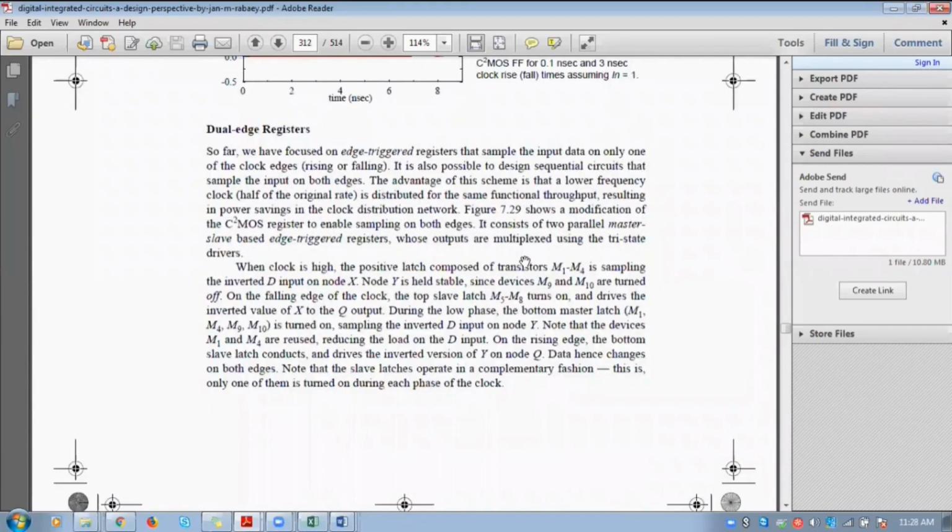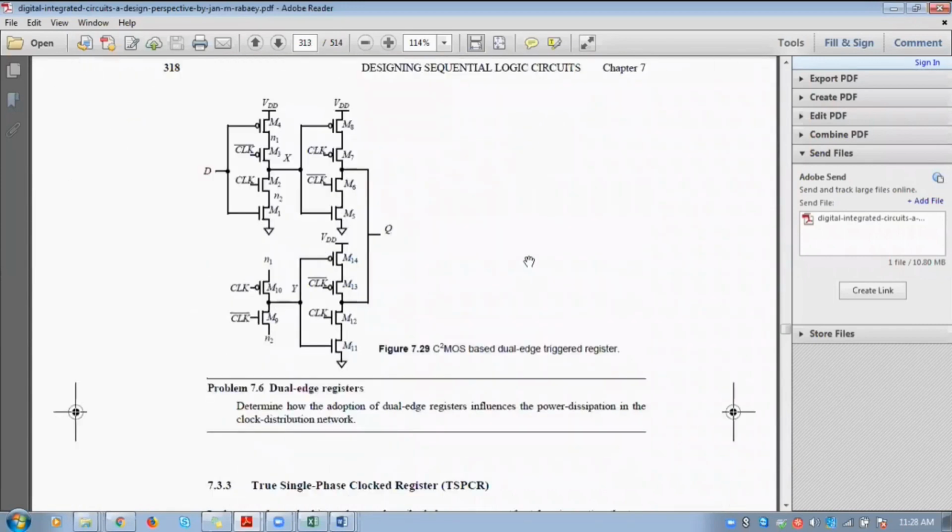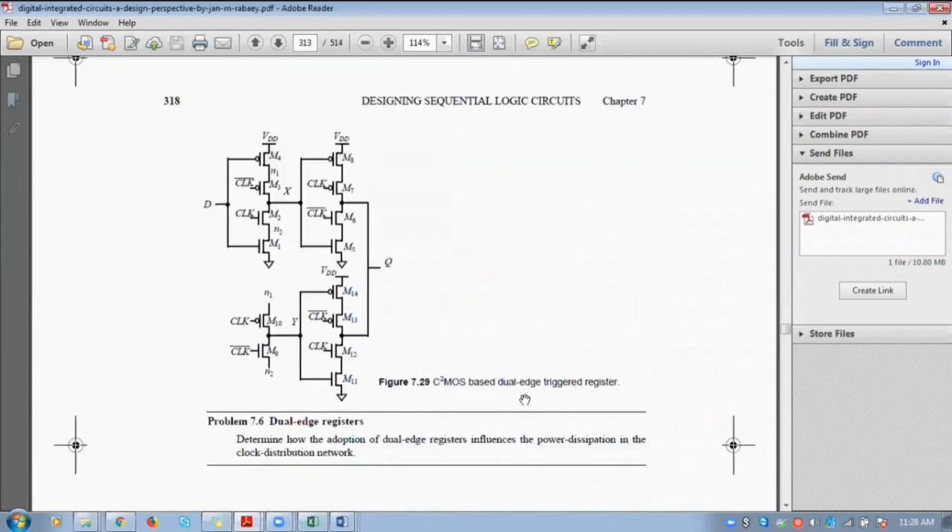Another important application of using this C squared MOS is the dual edge triggered register. When a register is considered, previously we were discussing a positive edge triggered register or a negative edge triggered register. A positive edge triggered register means your circuit will be active when it encounters the rising edge of the clock.